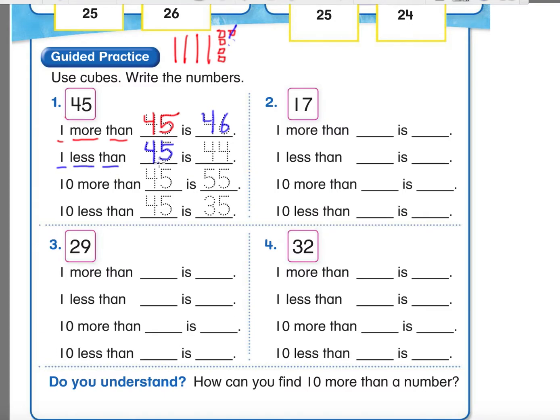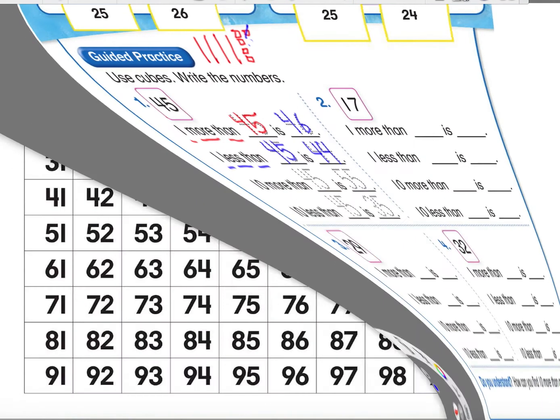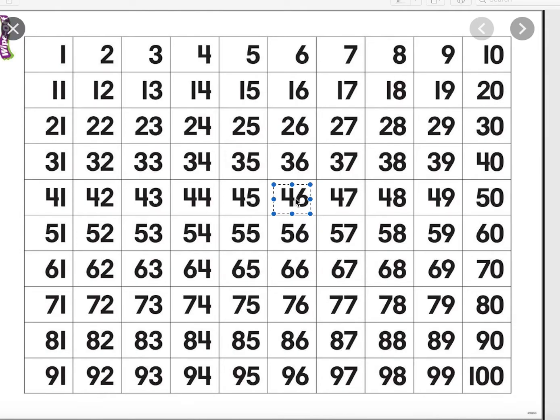And one less than 45 is, well, you can count your picture now. 10, 20, 30, 40, 41, 42, 43, 44. And that's how they got 44. Or we can also look at our 100 chart right here. We're at 45. If we want one less, we jump backwards 1 to 44. And that's it.